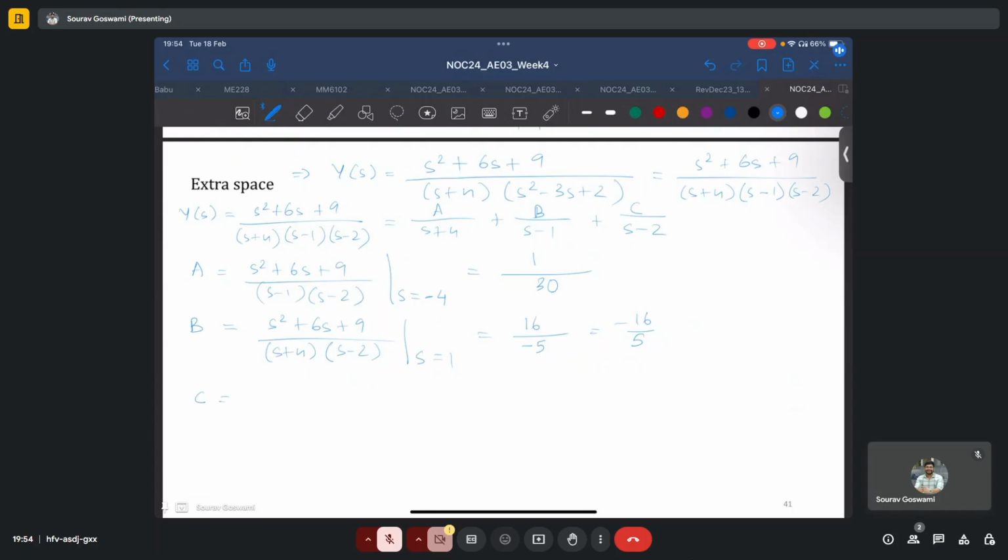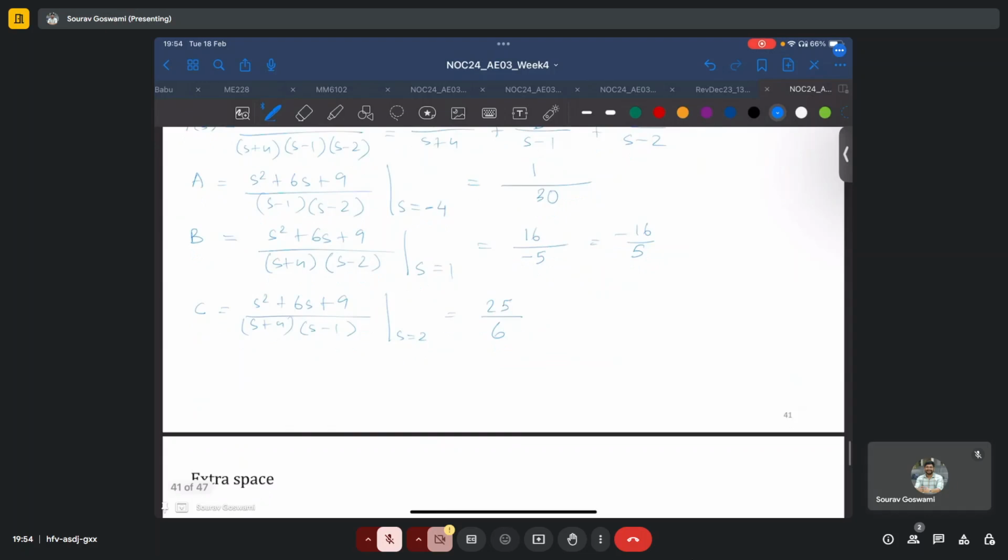C is equal to s square plus 6s plus 9 by s plus 4 times s minus 1 evaluated at s equals 2. This becomes 4 plus 12 plus 9, 25 by 6 times 1, 25 by 6.